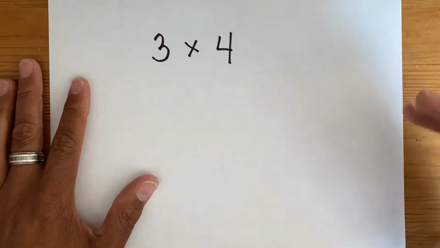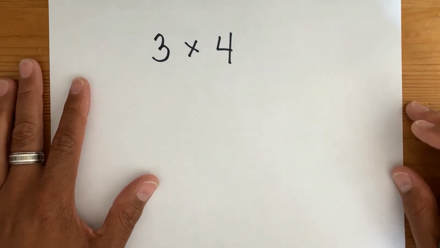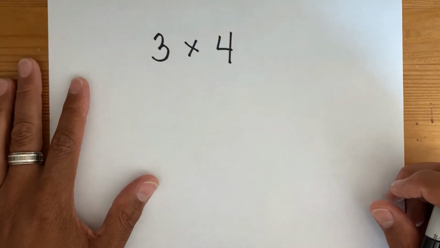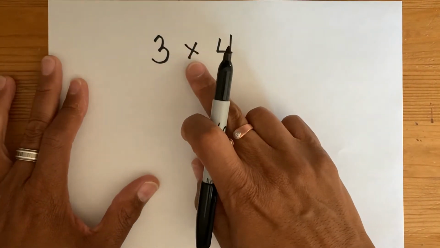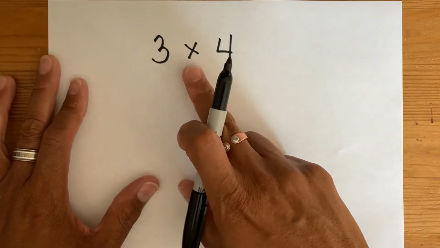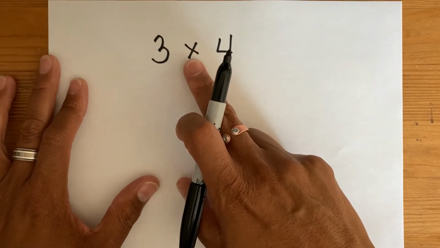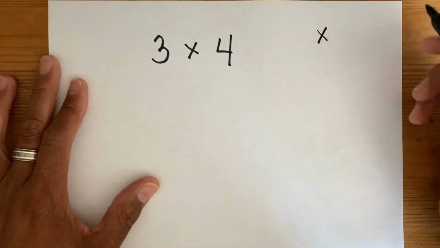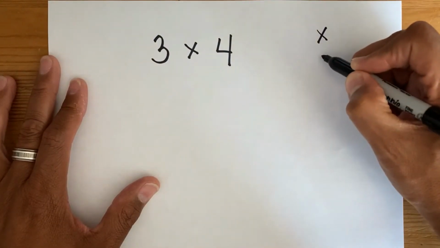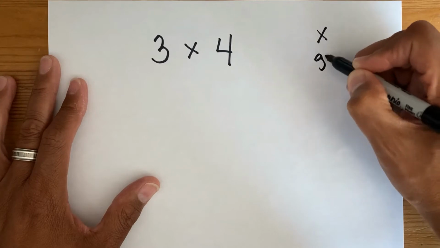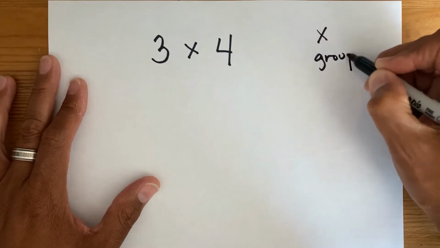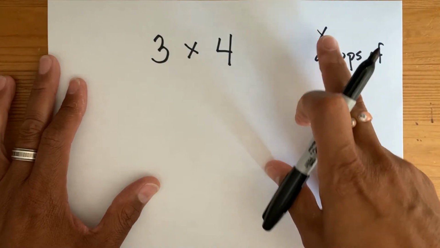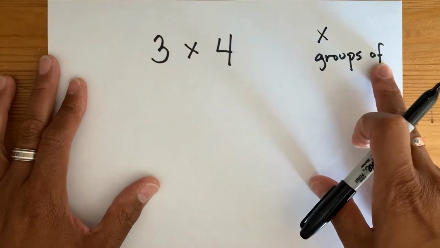So, I asked you to think about this question. What does 3 times 4 mean? Well, one way to think about it, and this is just one way to think about it, is this times symbol. You can think of it as meaning groups of.